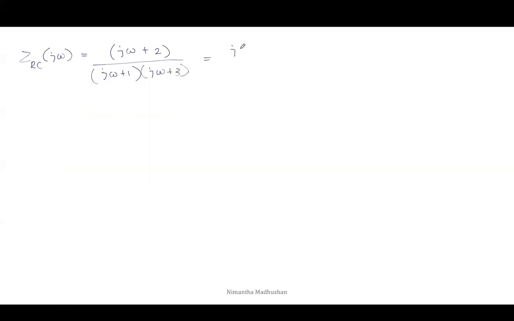From this, jω + 2 is the numerator and the denominator is 3 - ω² + 4jω. The denominator has a complex number, so to find the real part of this Z_RC, we have to multiply both the numerator and denominator by the complex conjugate of the denominator.